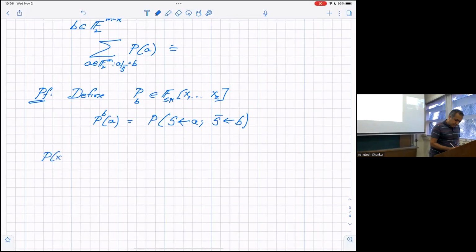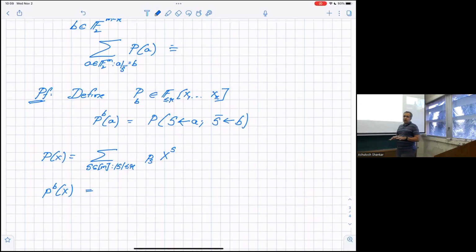P of X was of the form: a sum over all subsets, but because it was a degree R polynomial, you went only over subsets of size at most R. It was a coefficient times the corresponding monomial X_T. Now using this, what will PB of X be?